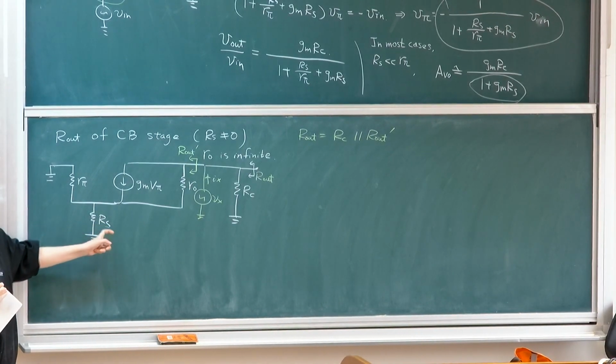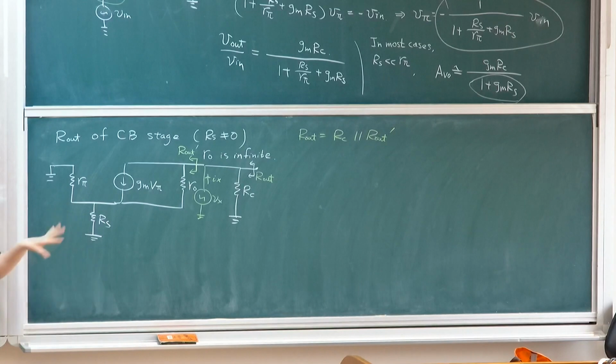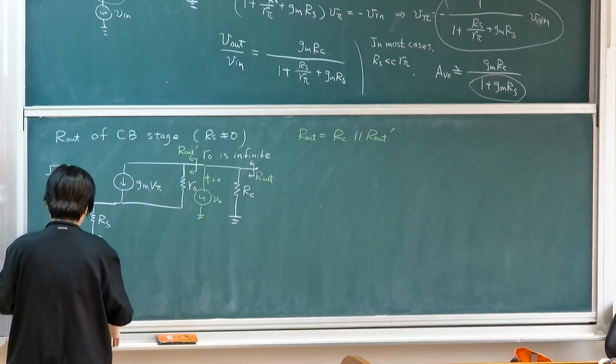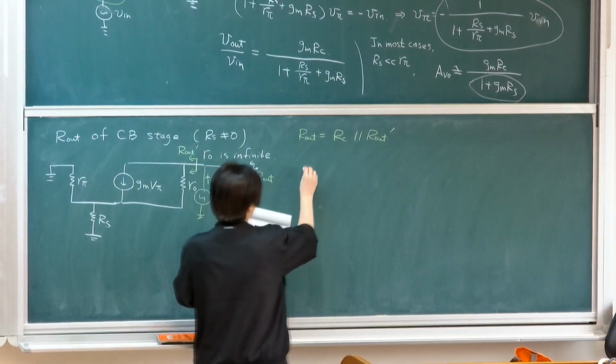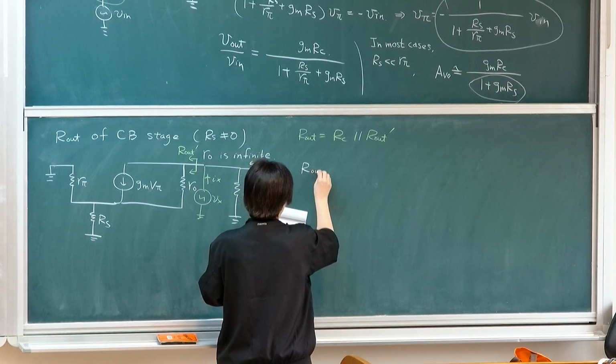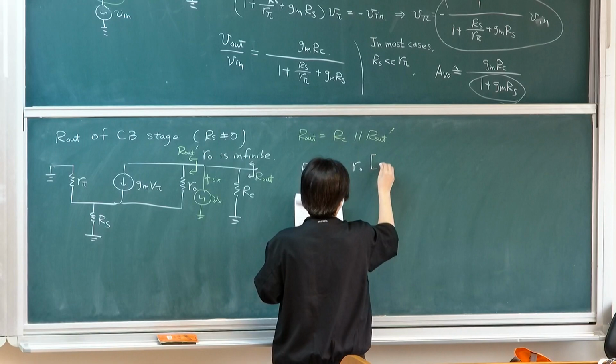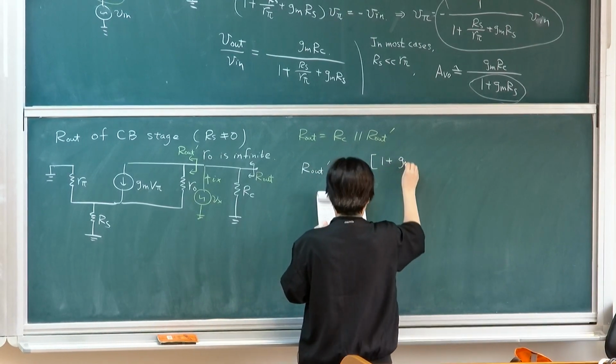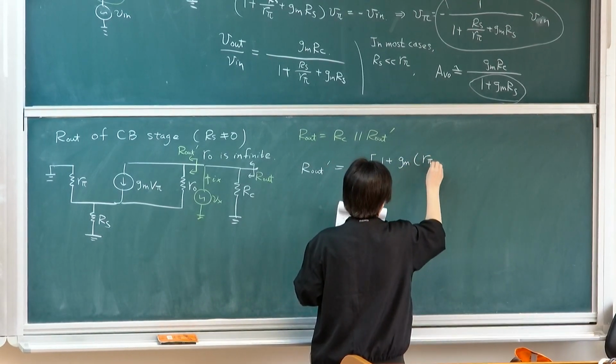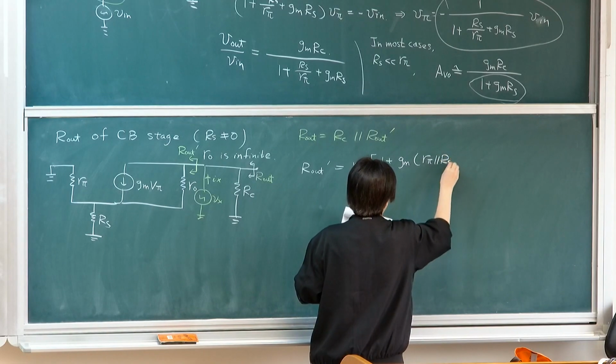Instead of having an RE, we have an RS. It's an identical equivalent circuit. Therefore, you could simply use that to find RO prime. It will be RO times 1 plus gm times R pi in parallel with RS.